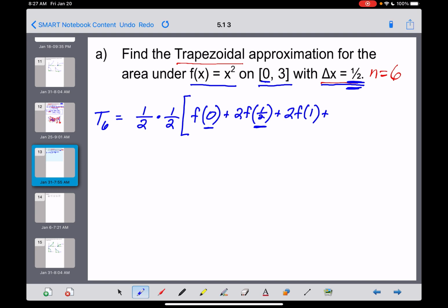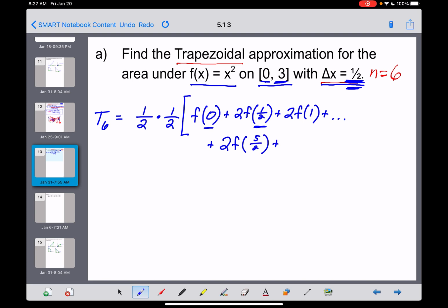Plus, okay, and I think we get it now, dot, dot, dot, and then I'm going to finish it up down here. So we'll go plus. The last one that gets a 2 is going to be, let's go back and check this again, guys. It is going to be delta x less than your b value. So the last one that's getting used twice would be 2.5, or I'll just write that as 5/2.